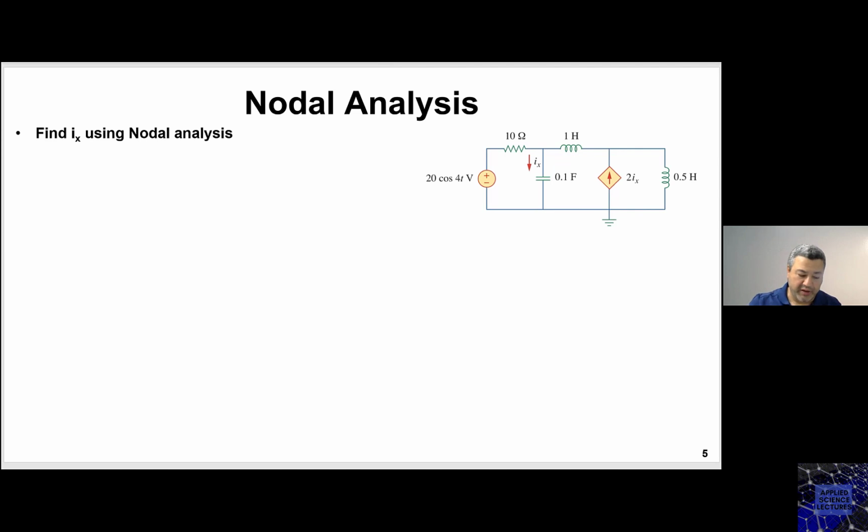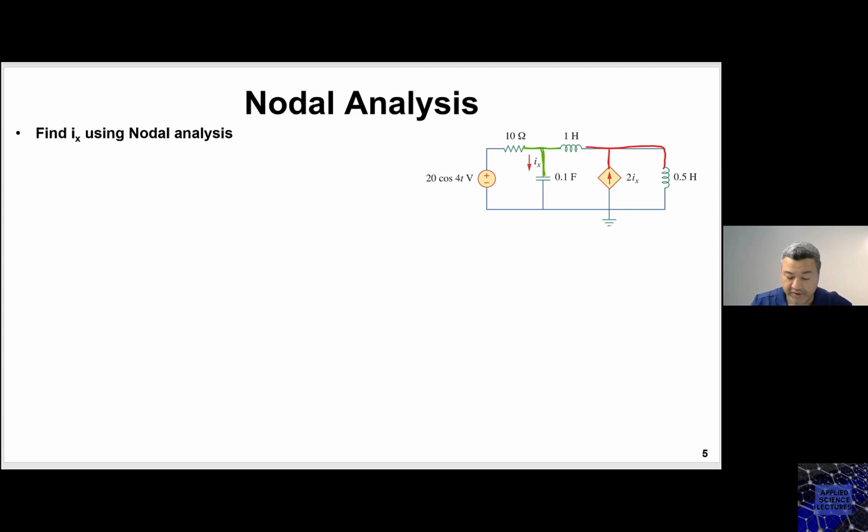Find the nodes. Okay, I'll find the nodes. So I can circle the nodes as you said, or I can use the coloring. But since here I have the ability to do the coloring easily, I'll use the coloring here. So I have the nodes that I would be writing the nodal equations for, right?